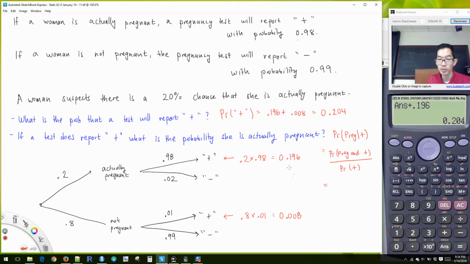So pregnant and plus is 0.196. That's this one up here. The probability of getting plus overall we found in the previous part, 0.204, and so our answer is 0.196 divided by 0.204, and we get something around 96%.